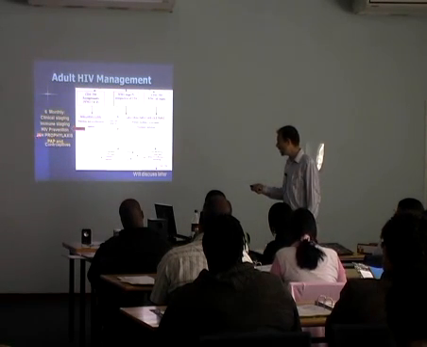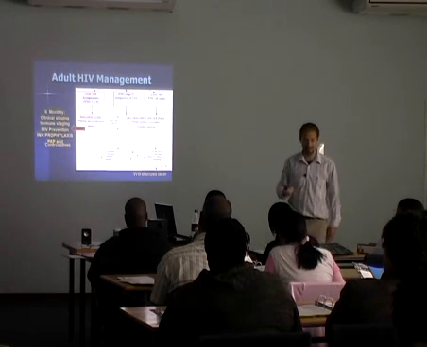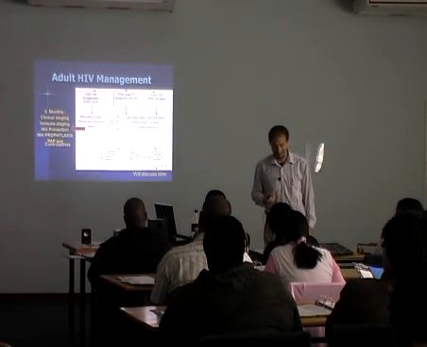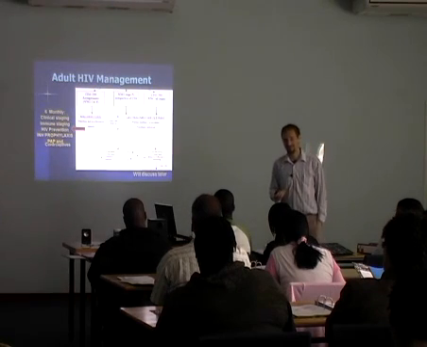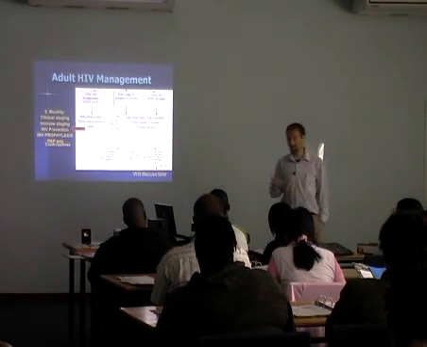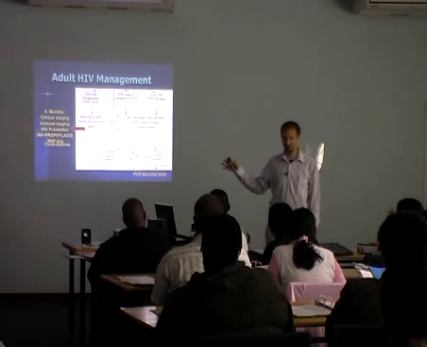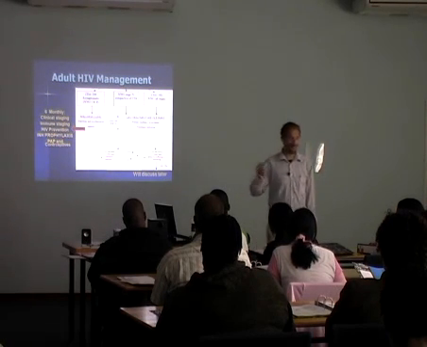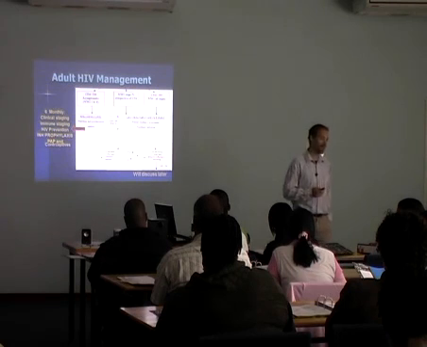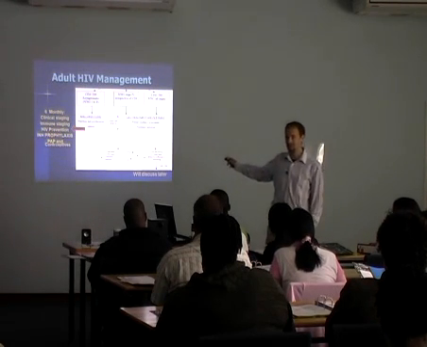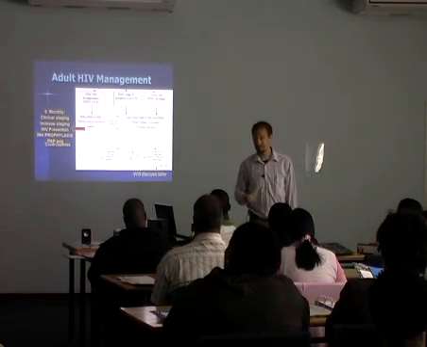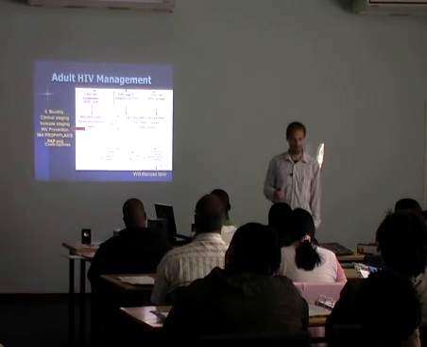They should be offered isoniazid prophylaxis. This is in the guidelines. I didn't make this up. But nowhere that I know of is doing this properly. Nowhere. Adults who are asymptomatic, who have a high CD4 count, should take 6 months of isoniazid, and that prevents tuberculosis for up to 2 years.